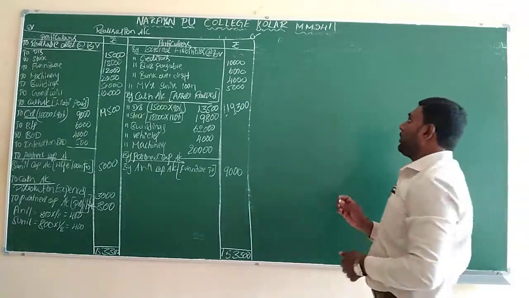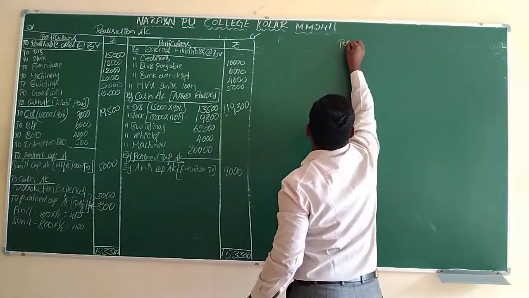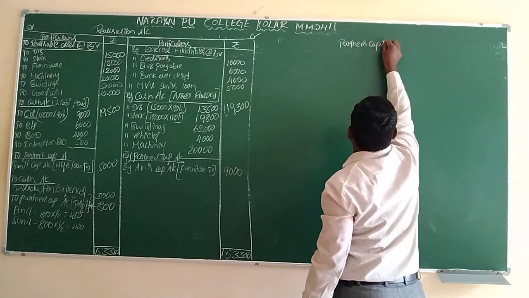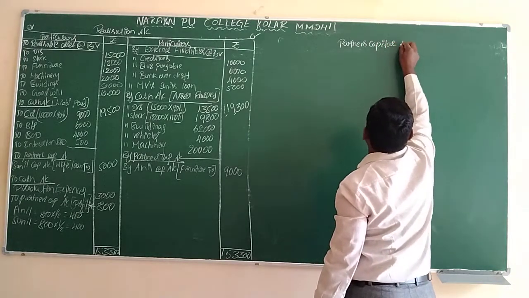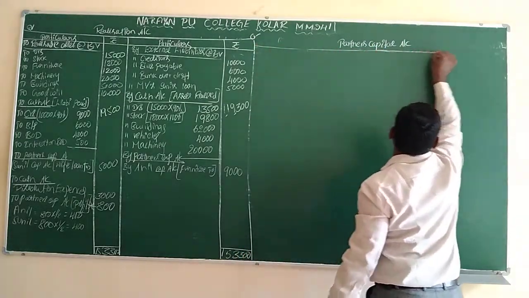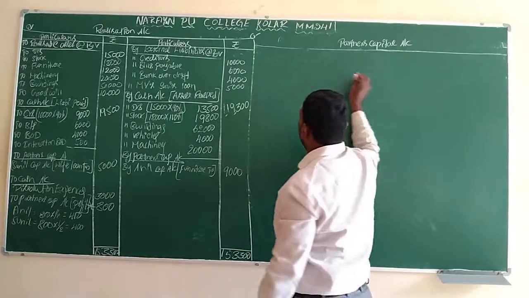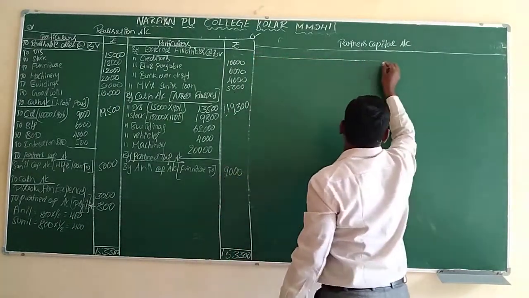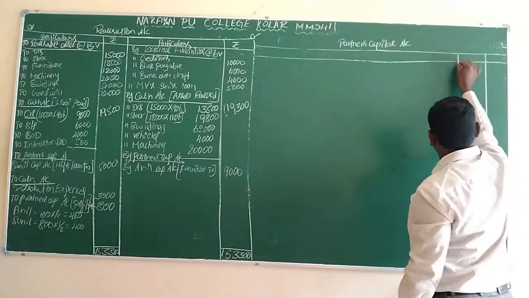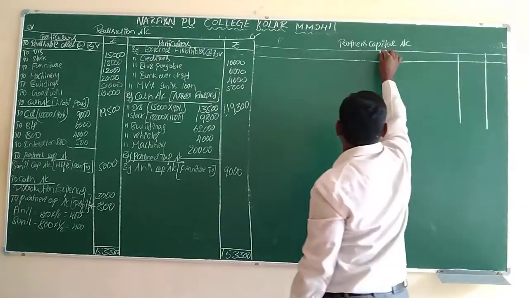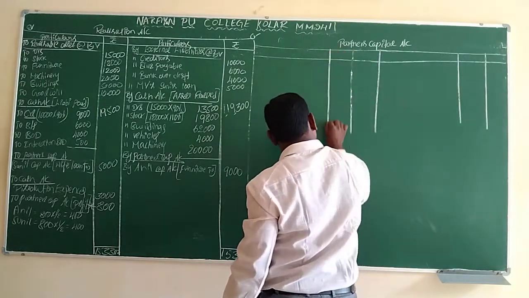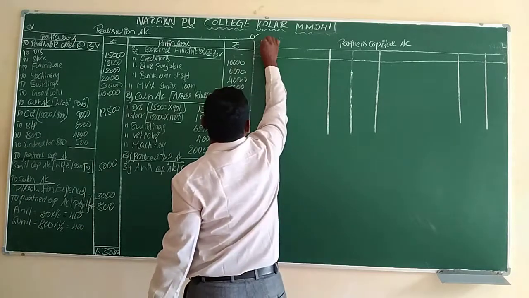First we have to draw the columns for partners capital account. Debit and credit.